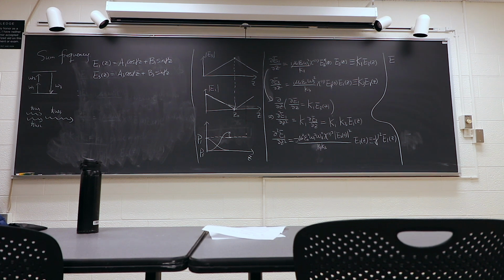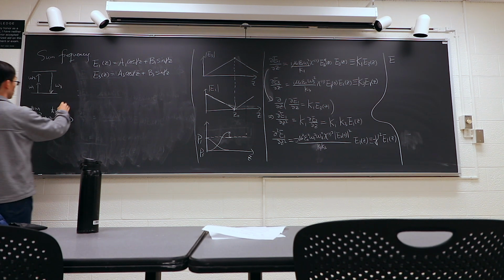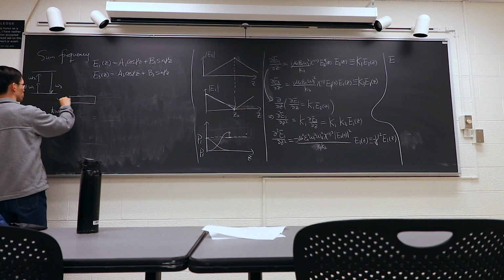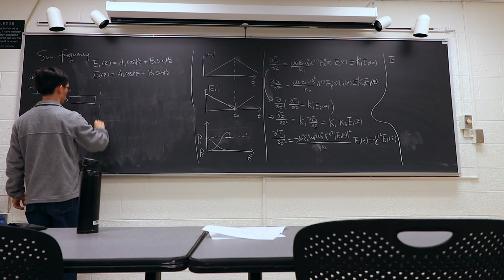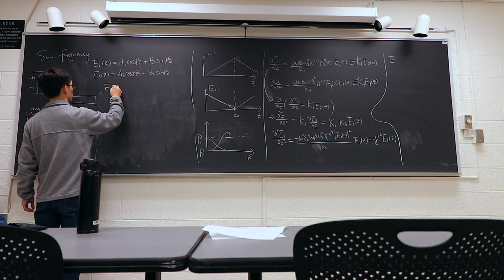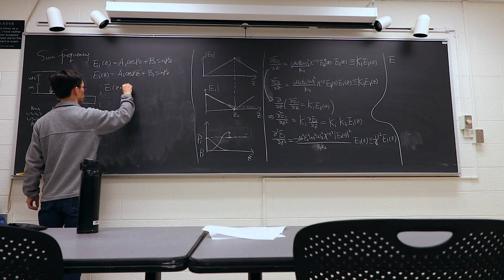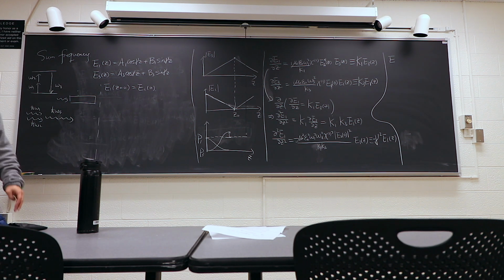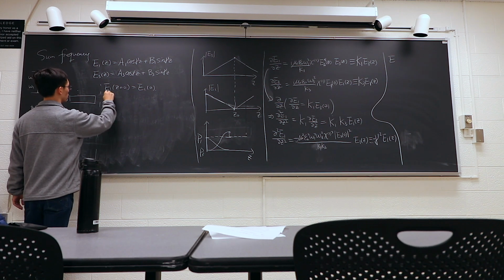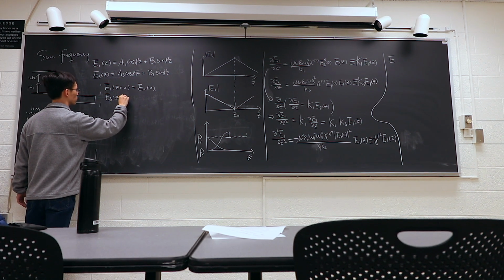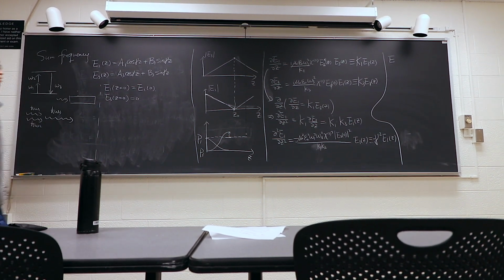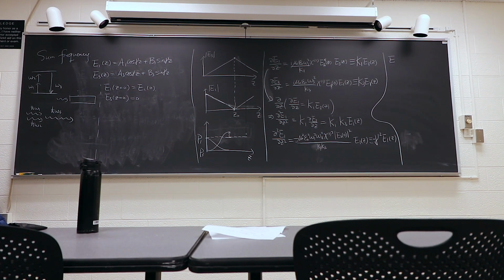And now we need to use boundary conditions. When you first have the crystal input, we know that E1 at Z equals 0 is a number we know. You have to know your input. And then also we know there's no power of E3 at the input. These are two boundary conditions we know.